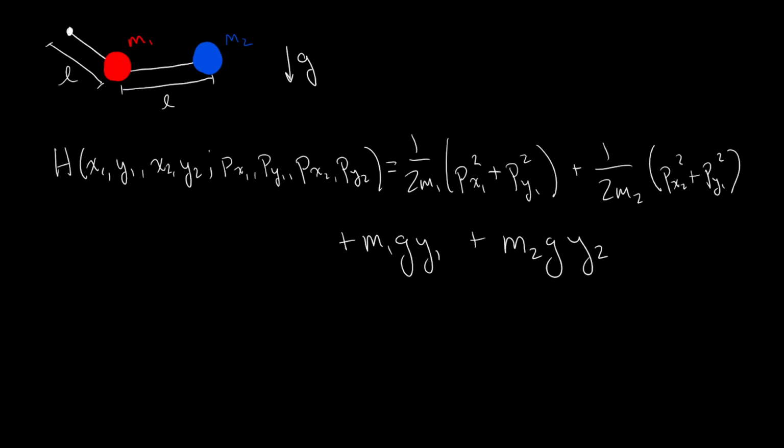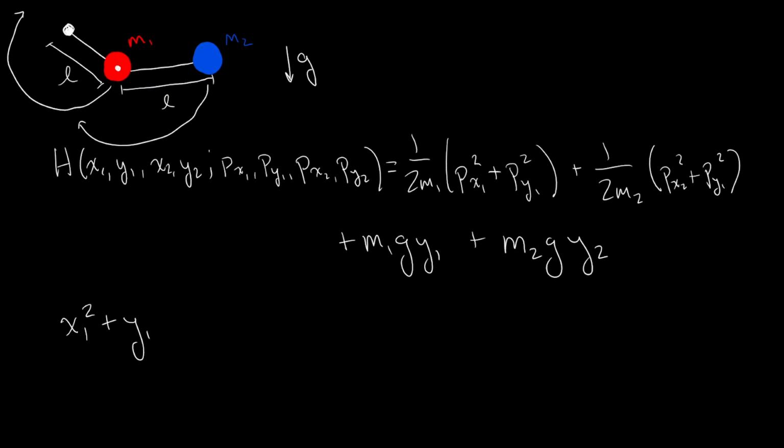Okay. So this is particularly simple, but we have to remember that these pendulums we're going to assume are rigid, so their motion is going to be constrained to circles centered around their anchor points. M1 is going to rotate around this anchor point, and M2 is going to rotate about this anchor point. So we have to write down some constraint equations. The first one is straightforward.